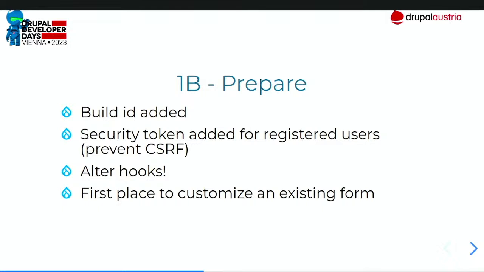And here we have the alter hooks. This is the first opportunity to alter a form, thanks to the different alter hooks. So if you are modifying a form that is created by core or any other contrib code, you can alter it here.